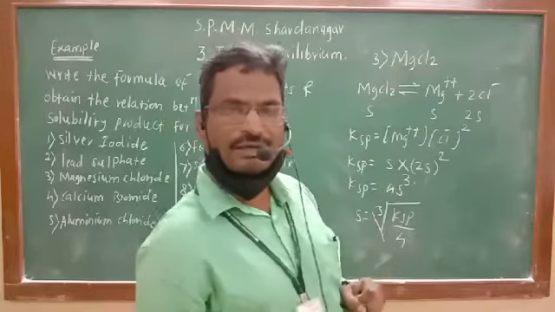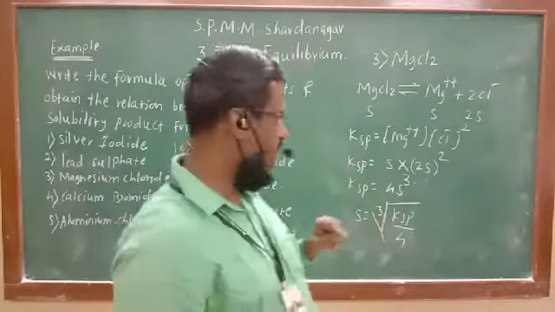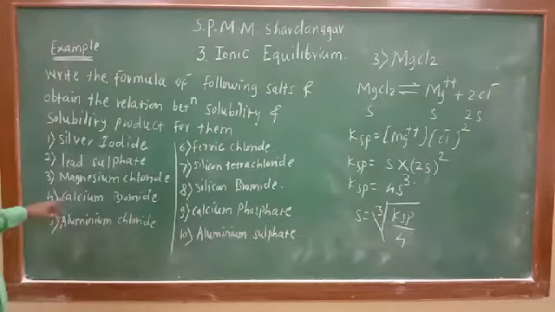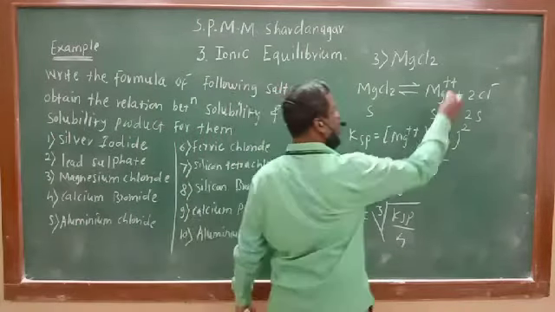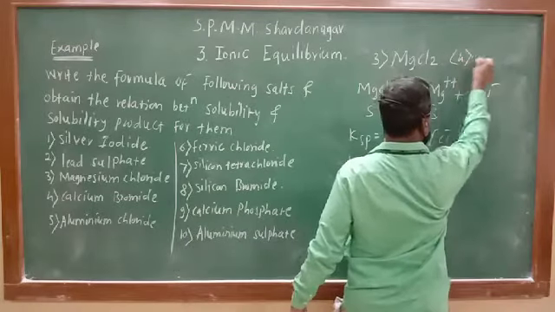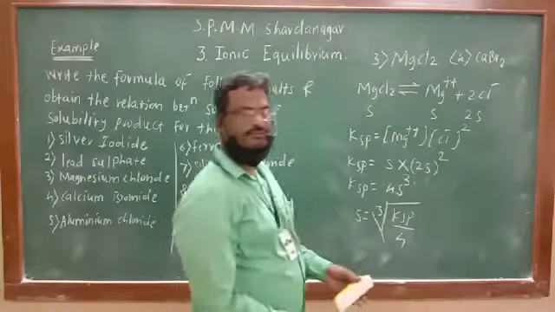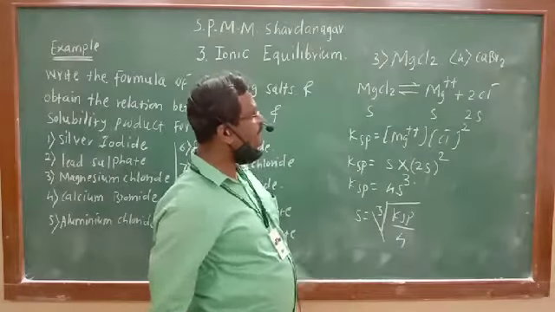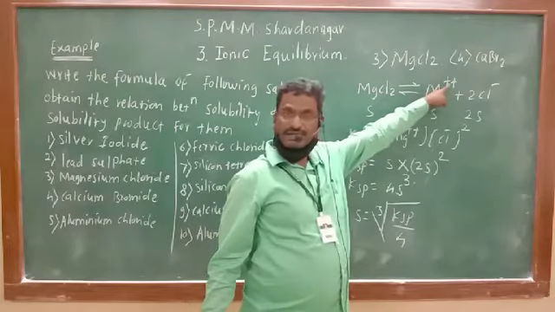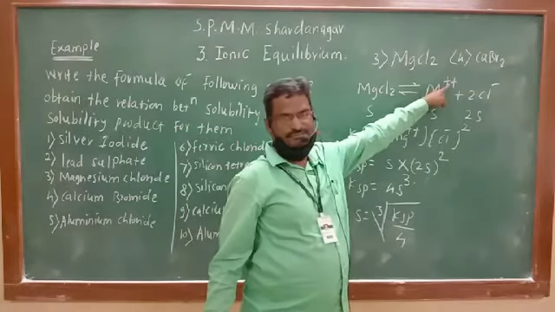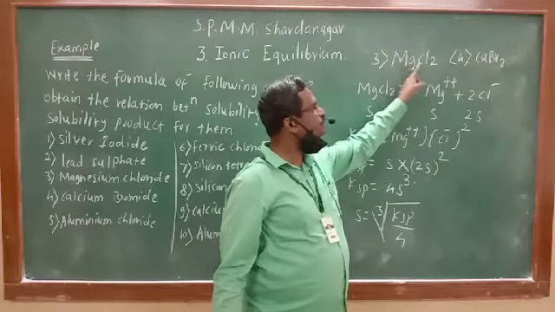So for any salt, we can write this type of equation. Calcium bromide, number 4 salt. The fourth one is calcium bromide, CaBr2. Is there any difference between MgCl2 and CaBr2, or are they the same? They are the same. How are they the same? Because this is MgCl2, Mg2+ and 2Cl−.